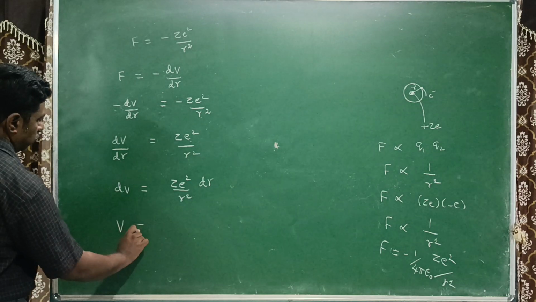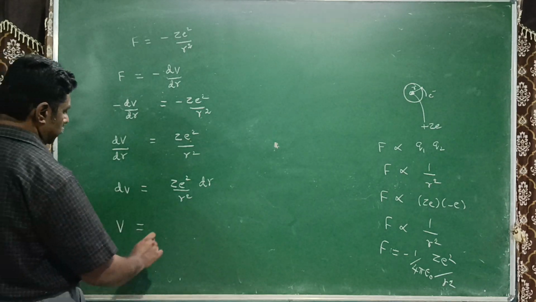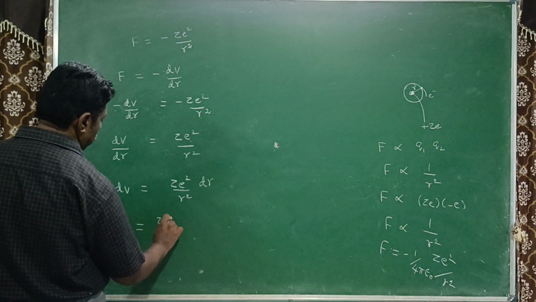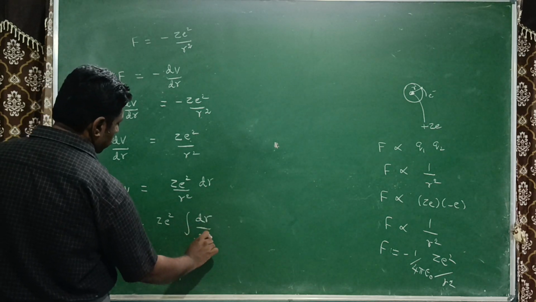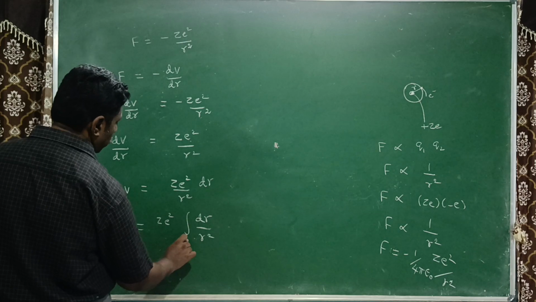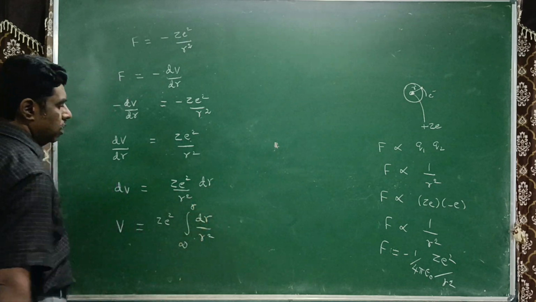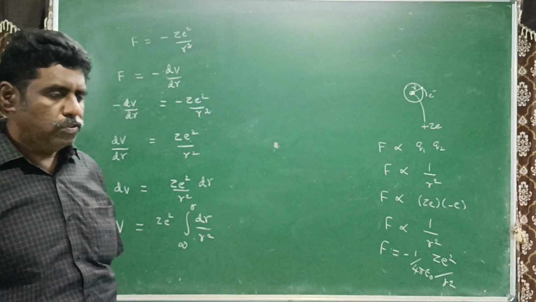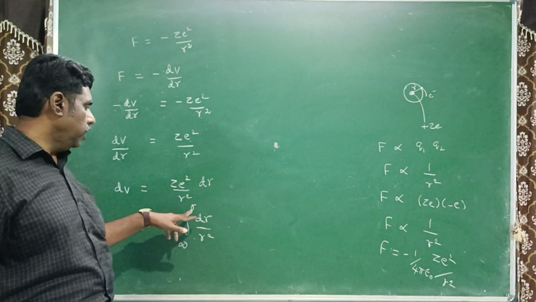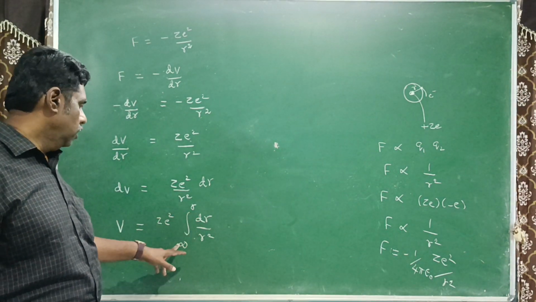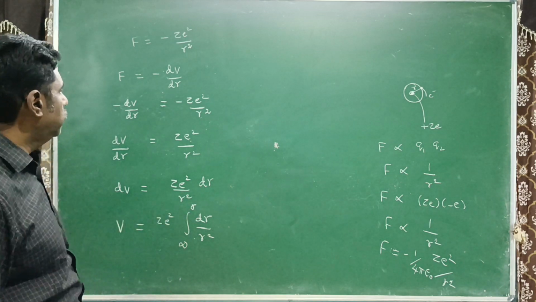If you want to find the value of V, you just have to integrate this. Z e square constant, dr by r square, limit varying from infinity to r. Work done in moving a positive charge from infinite distance to a particular point is called the potential at that point. Here the distance of separation is r, and infinity to r is the limit.